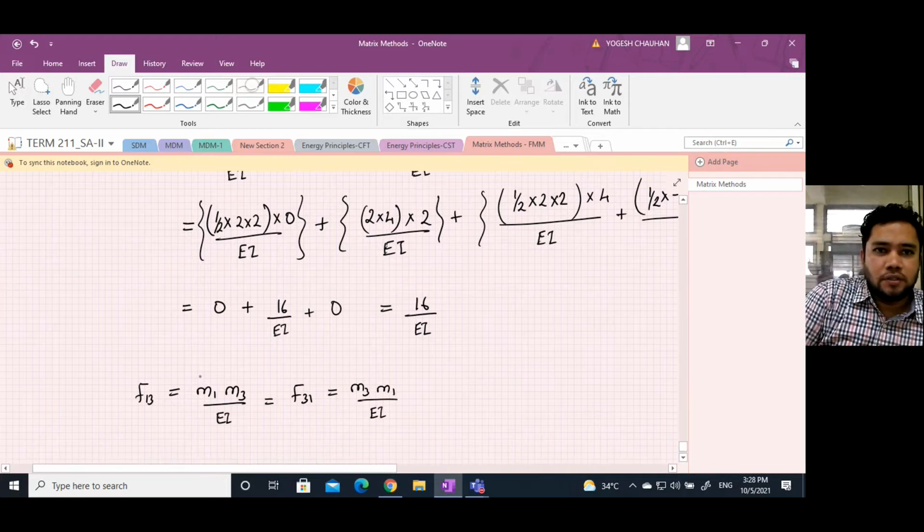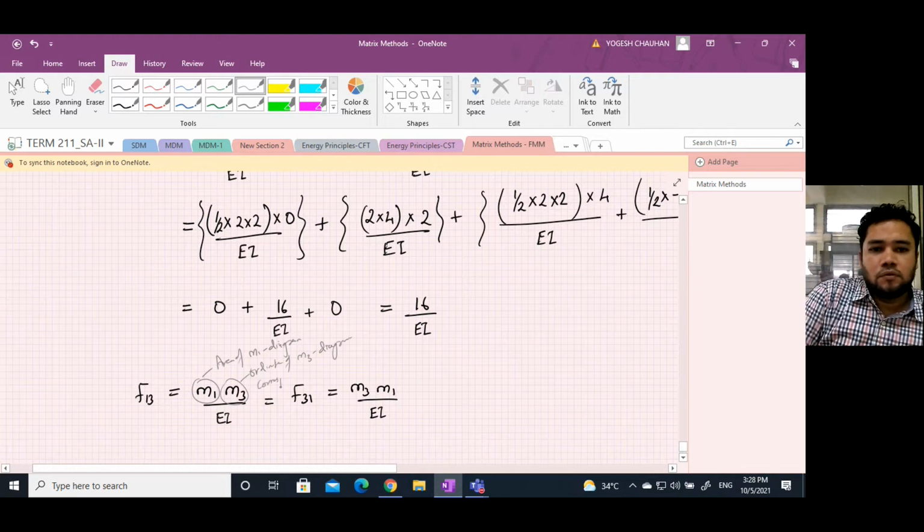The notations here means area of M1 diagram and ordinate of M3 diagram corresponding to CG of M1 diagram.